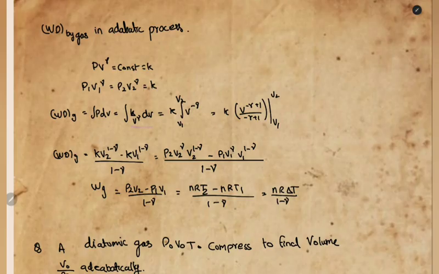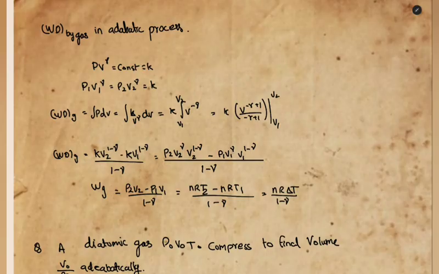When you apply this, you can take K outside because it is a constant, and apply the limits V1 to V2, and you will get something like this. Do you agree? And then you manipulate it. Now K will be equal to P1 V1 to the power gamma, which is equal to P2 V2 to the power gamma, because it is constant, where the initial pressure and volume correspond to P1 and V1, and the final pressure and volume to P2 and V2.